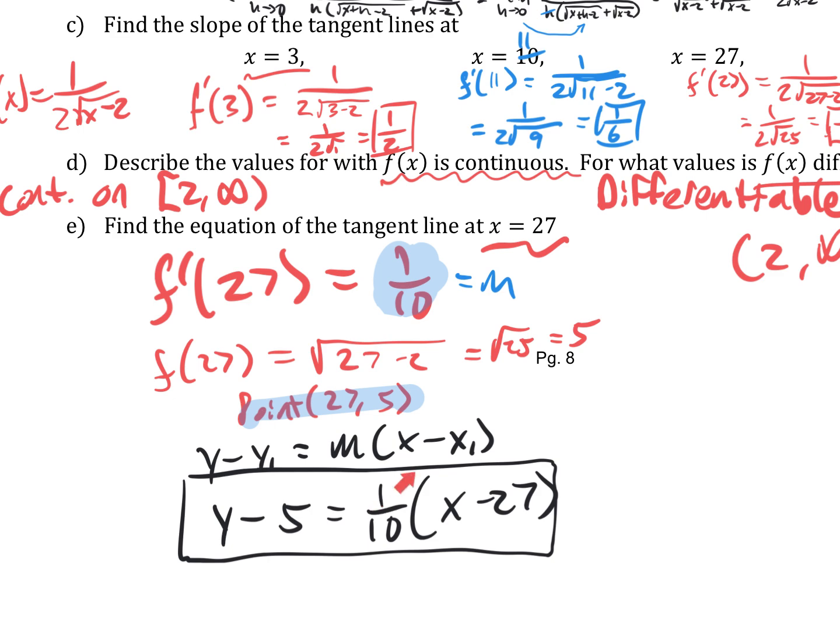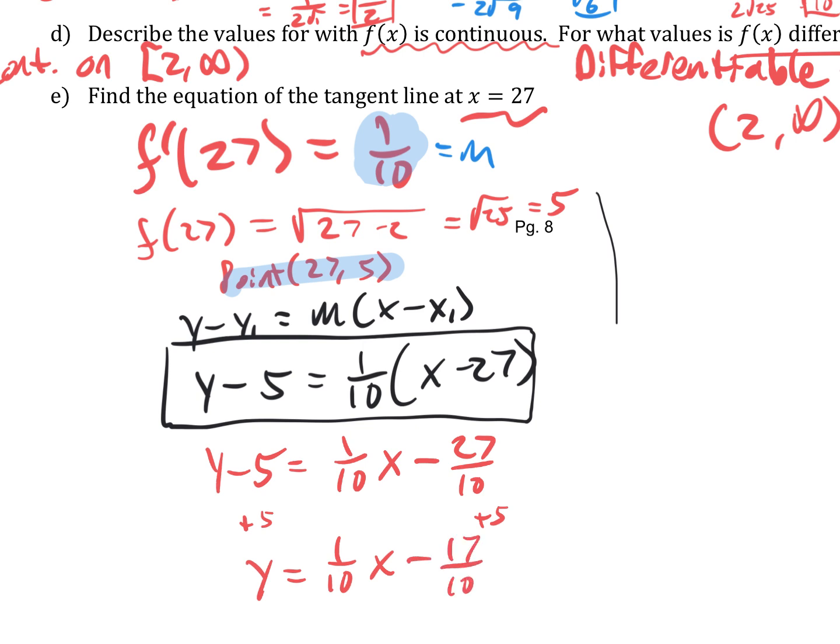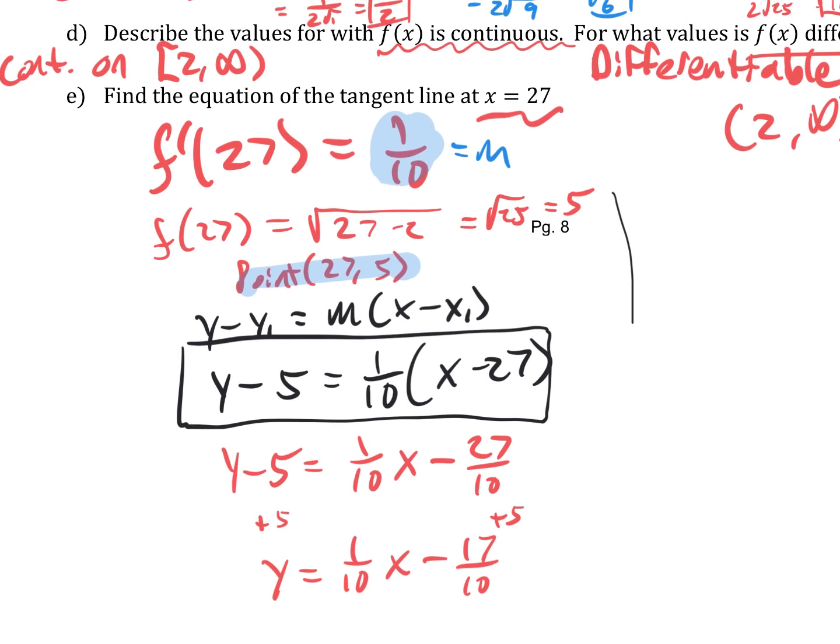We could distribute and write y minus 5 equals 1/10 x minus 27/10, add 5 to both sides, and get y equals 1/10 x plus 23/10. But we usually don't need to do that. You should be able to, but this is fine.